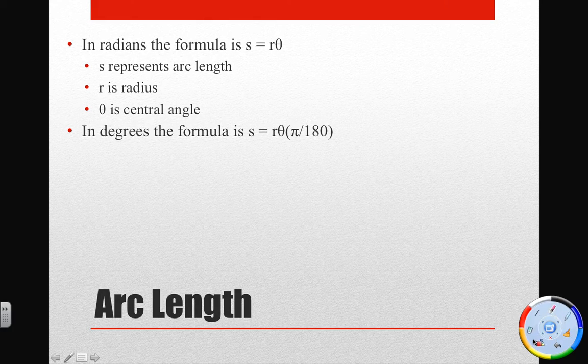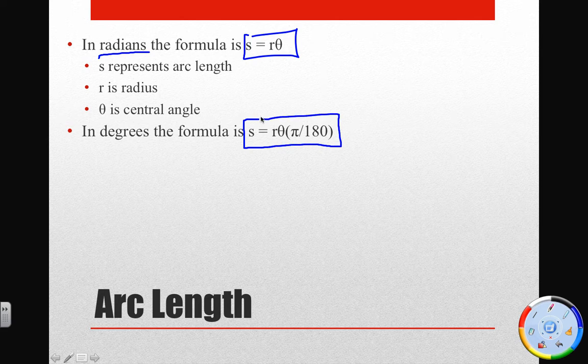This is super important. Everybody seems to mess this up. If it's in radians, all you have to do is S equals R times theta and get some length. If your theta is in degrees, you must use this slightly more complicated one, but all it is doing is taking your theta and converting it to radians. So notice this conversion factor.